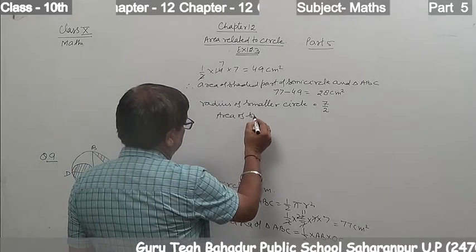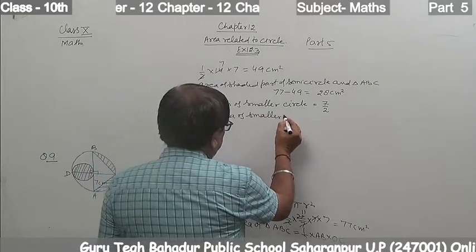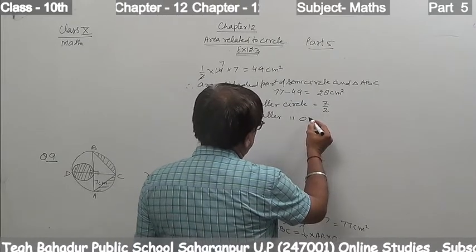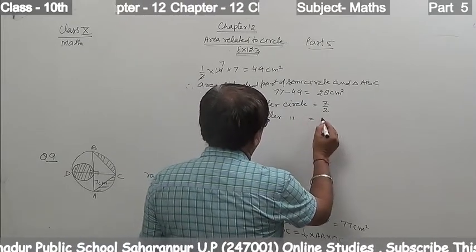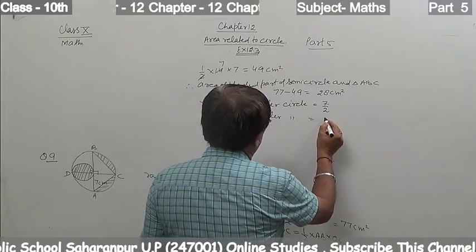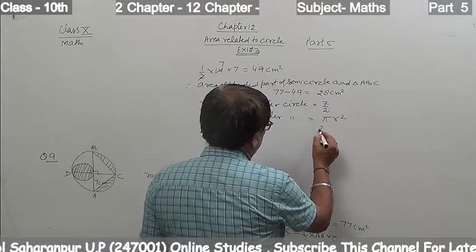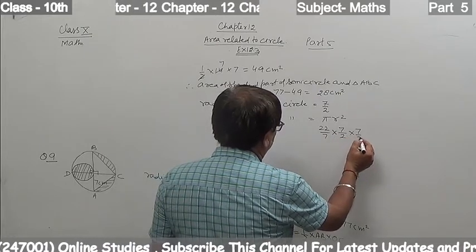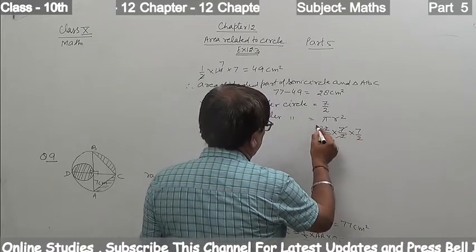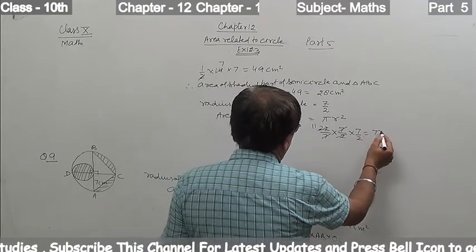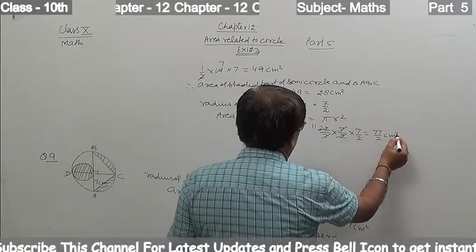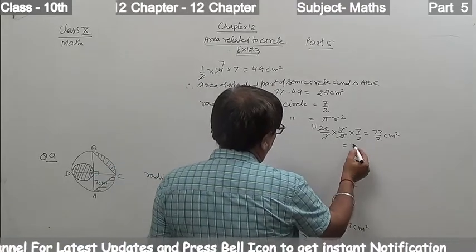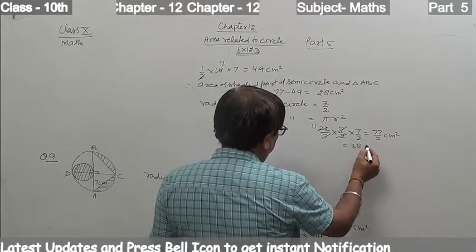Area of a smaller circle is pi r square, 22 upon 7 into 7 upon 2 into 7 upon 2. It is 77 upon 2 centimeter square. That is 38.5.